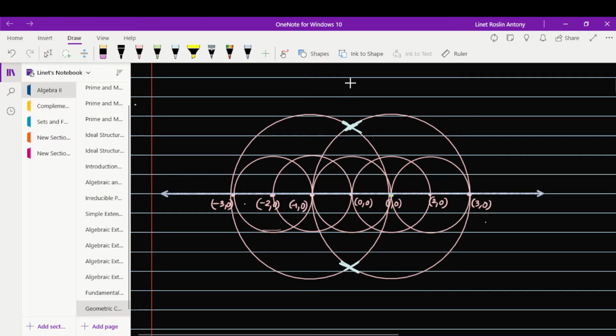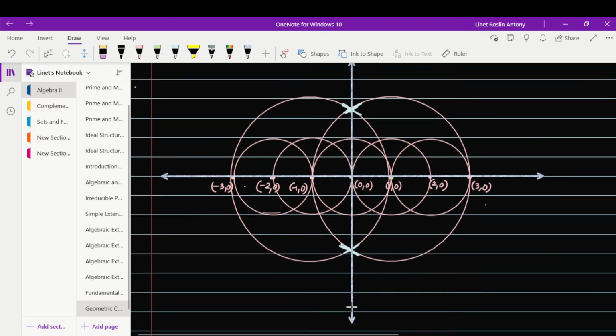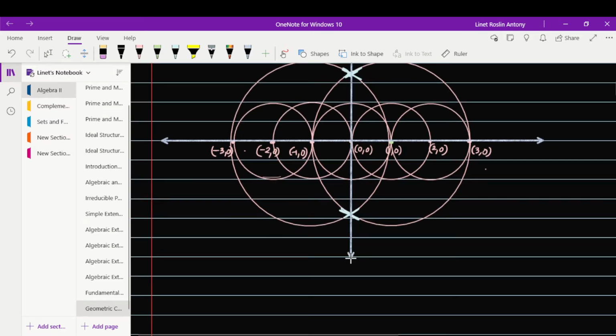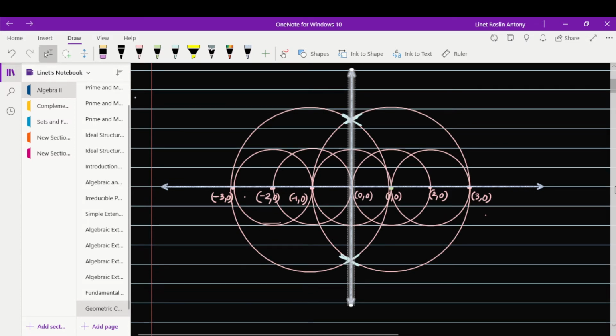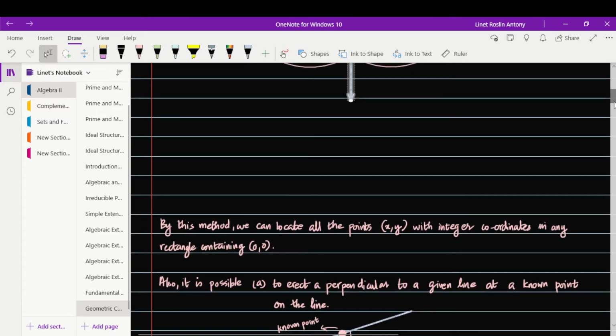The y-axis can be drawn like this from here to here. So we plotted the y-axis, and continuing in this fashion we can plot all the ordered pairs with integer coordinates in any rectangle which contains 0, 0 as one vertex. That is a very good observation we get from here.